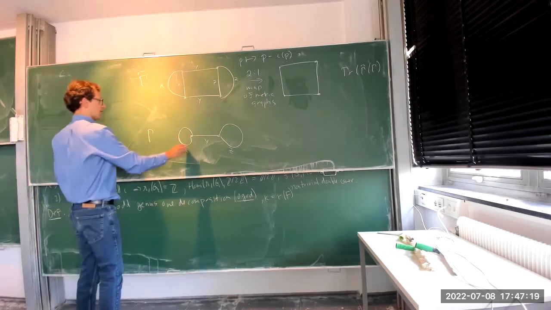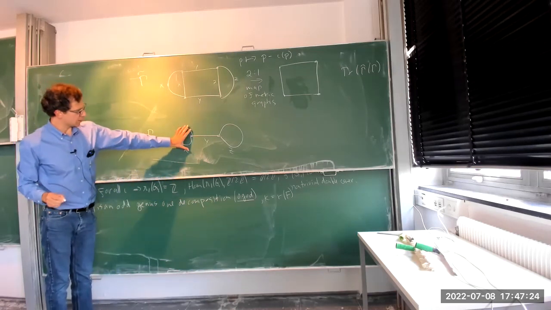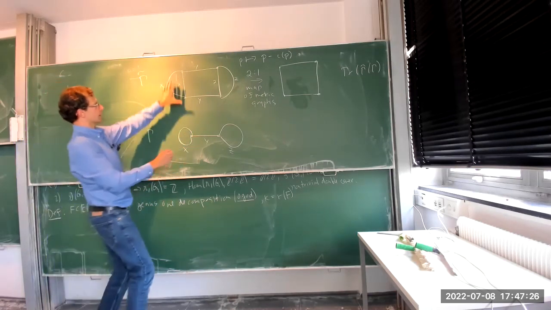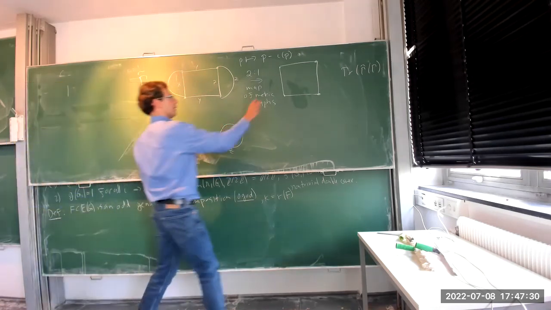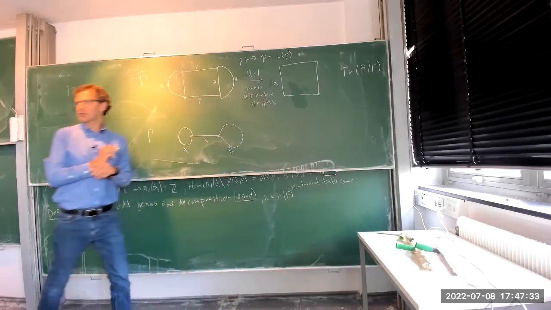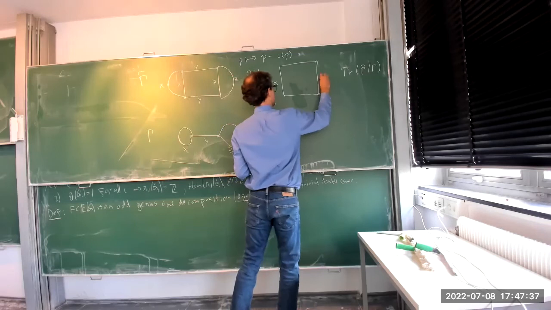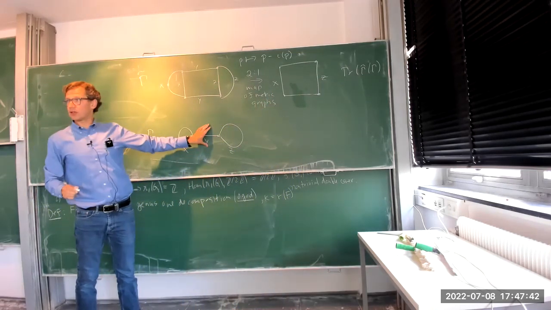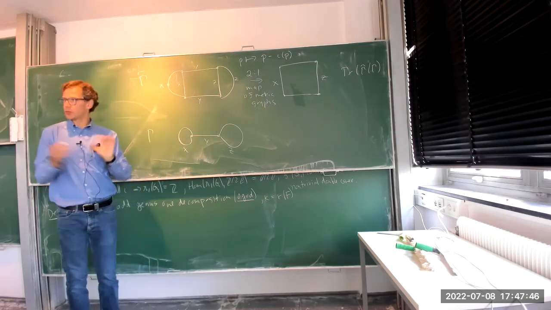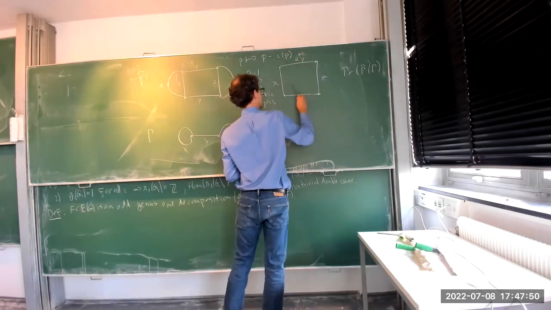For example, a point lying above this edge is an O-god of rank 1, because removing this edge gives me a genus 1 graph. So this map has degree 1. This edge has length x, and this edge similarly has length z. But the edge y is an O-god of rank 2, because removing these two gives me 2 connected components. And so in fact, this length is going to be 2y.